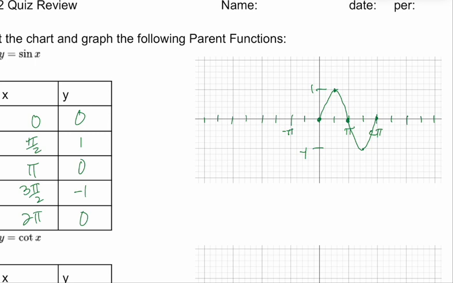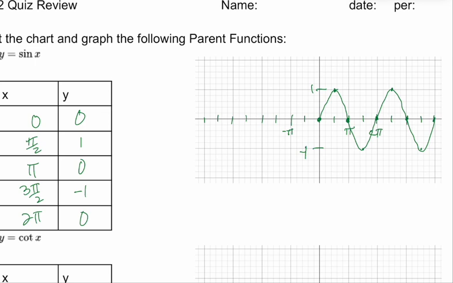Now, if you stop there, you are going to get some points deducted. A sine function does not just go up once and down once and then it's done. A sine function continues periodically forever and ever to the left and forever and ever to the right. So please follow the pattern. Label how you count it.